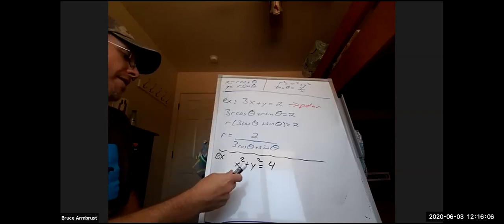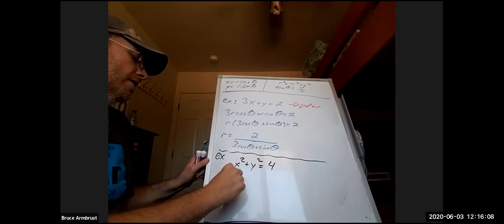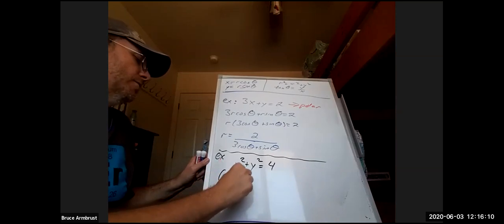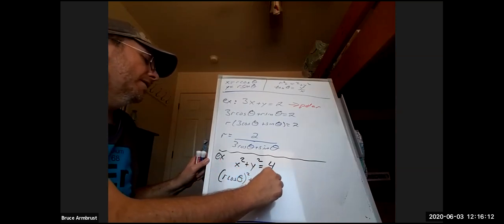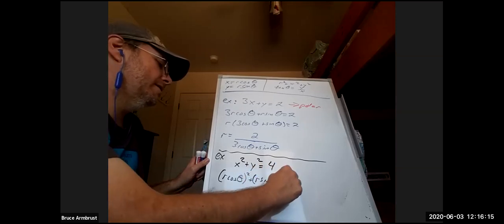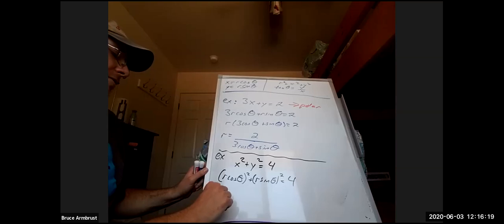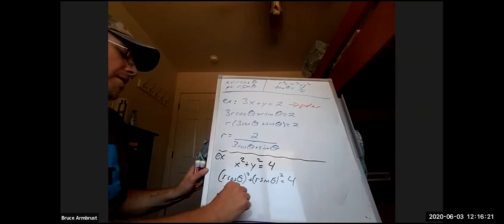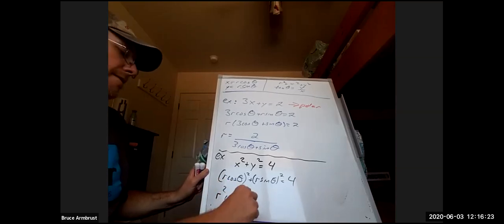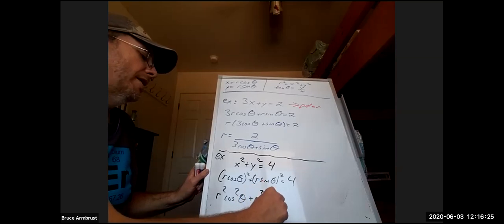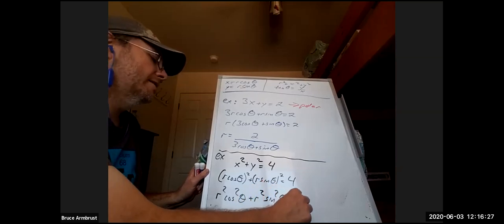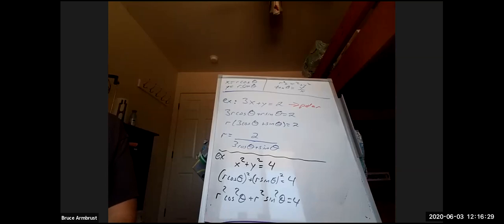So again, I'm going to replace my x and my y with the r cosine and r sine. So we're going to get (r cosine theta) squared plus (r sine theta) squared equals 4. So this will give me r squared cosine squared theta plus r squared sine squared theta equals 4.